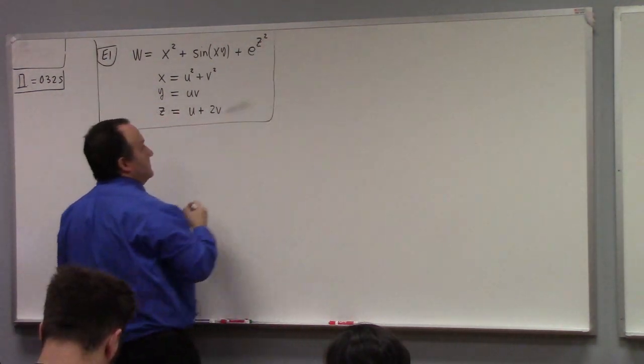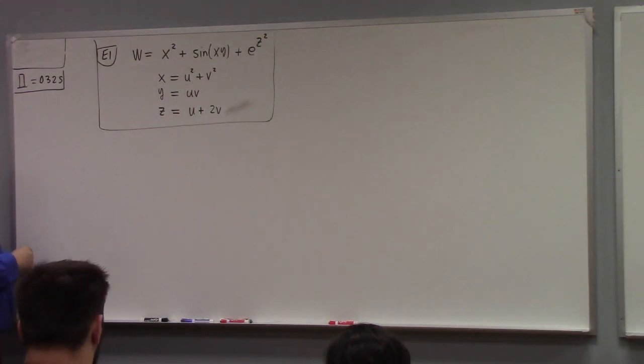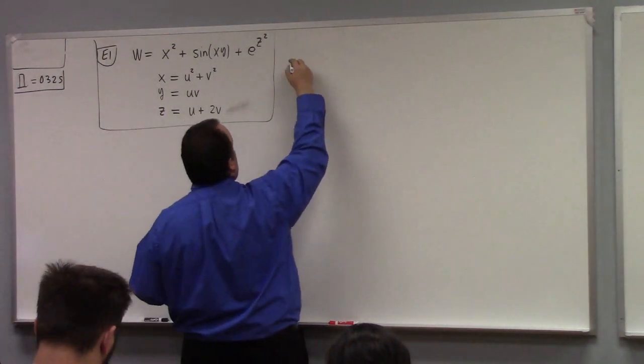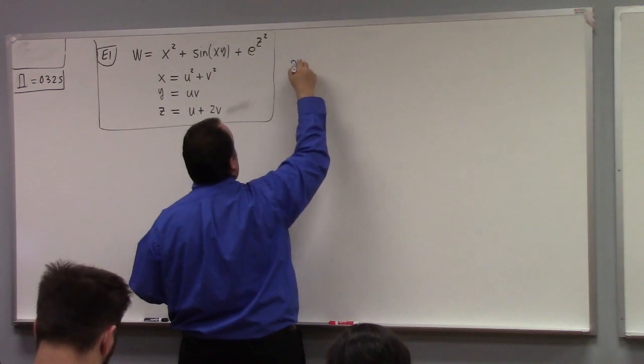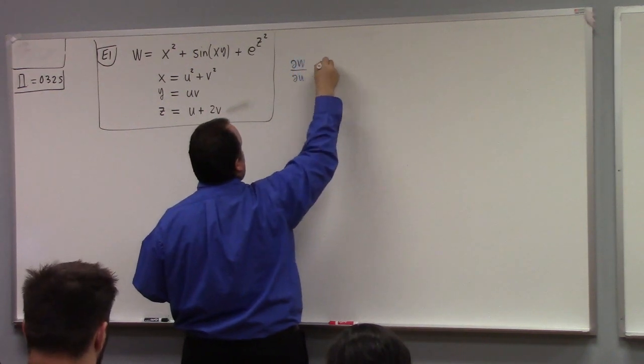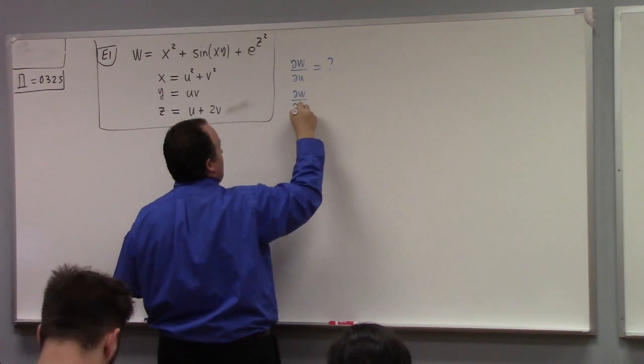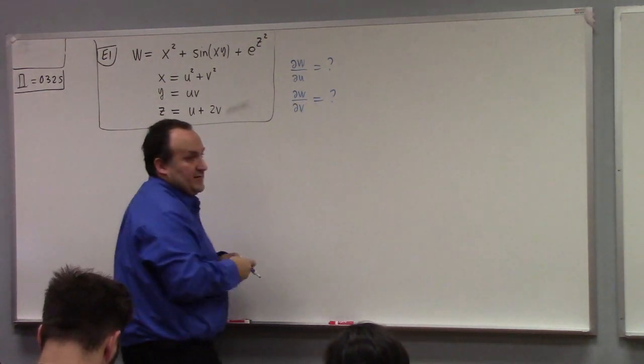So these are what's given. Then we're asked to calculate, let's calculate partial w, partial u, and partial w, partial v.